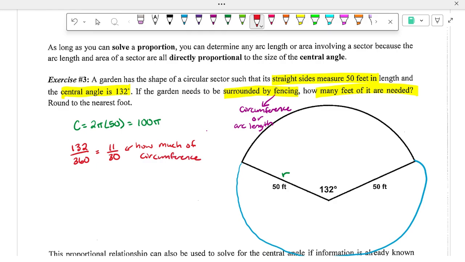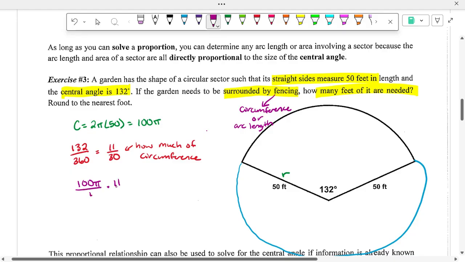Ziamara, pick someone to give me the next step. Paula, what's my next step? 100 over 1 multiplied by 11. Good. And what did you end up getting?